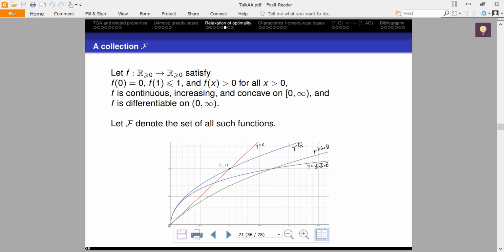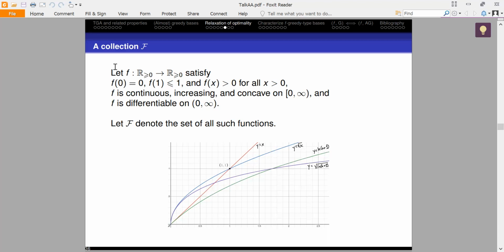You can think of them as concave and continuous. The idea is that after you go over the point (1, 1), all these functions lie below the 45-degree line. Before 1, you can go above, but after 1, you need to go below the 45-degree line.